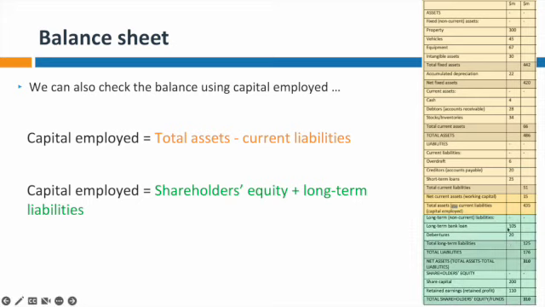That is also another way to calculate capital employed. And as you see, that is going to be equal. Here long-term liabilities are 125. Shareholders' equity is 310. That together makes 435. And that equals the capital employed that we have listed here under the orange value.